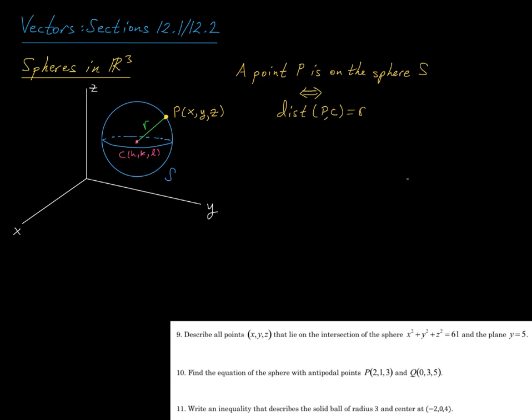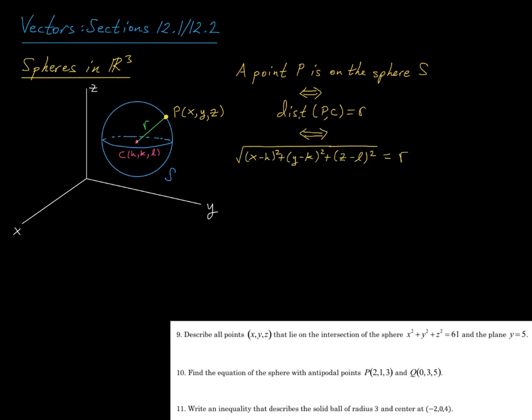Well, a point will be on the sphere provided the distance from that point to the center is equal to the radius of the sphere, right? That's really the defining characteristic of all points on a sphere. They're a fixed distance from the center, and that distance is what we call the radius of the sphere.